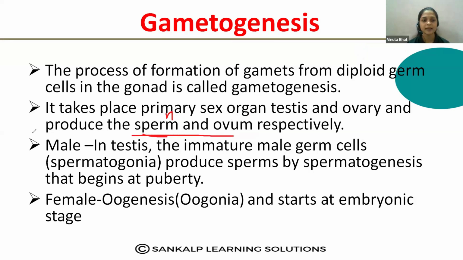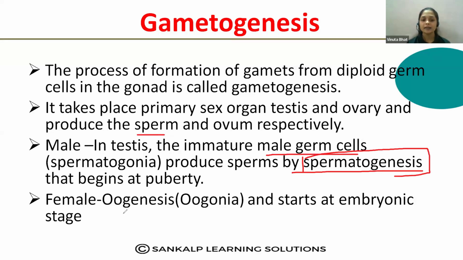Let us start with the formation of the sperm. The process of formation of sperm is known as spermatogenesis, the process of formation of sperms from the male germ cells.